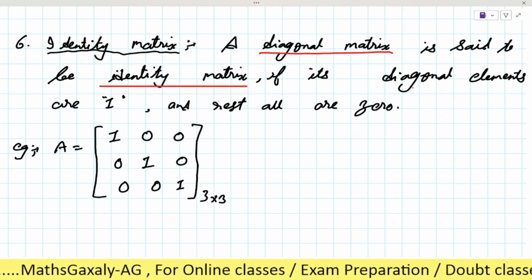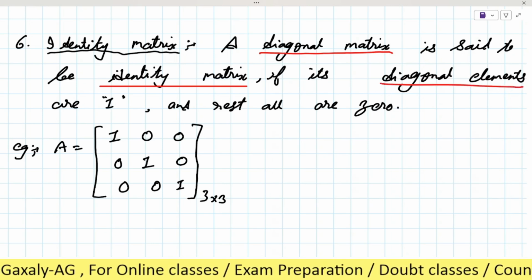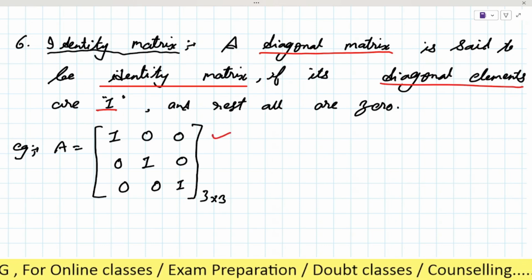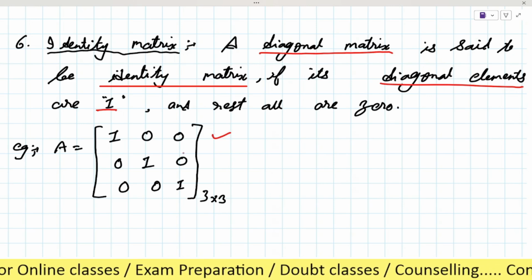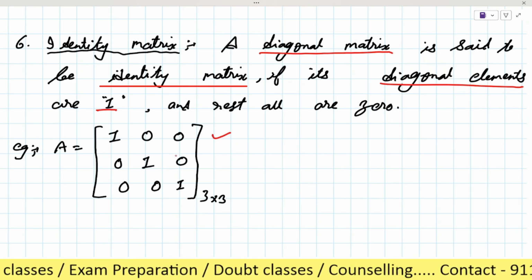So its diagonal elements are 1. If all diagonal elements are 1, then this type of matrix will be known as an identity matrix, and all the rest of the elements, the non-diagonal elements, will be 0. Is it clear?